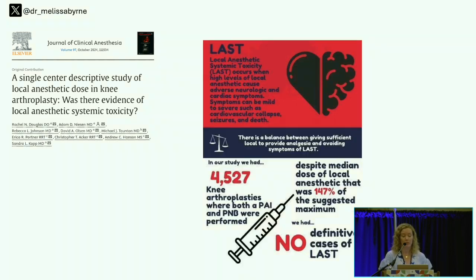What this study demonstrated is that in a retrospective review of almost 4,500 patients, the median dose of local anesthetic between periarticular infiltration and their nerve block was almost 1.5 times the suggested maximum. Thankfully, they had no definitive cases of LAST amongst that population.